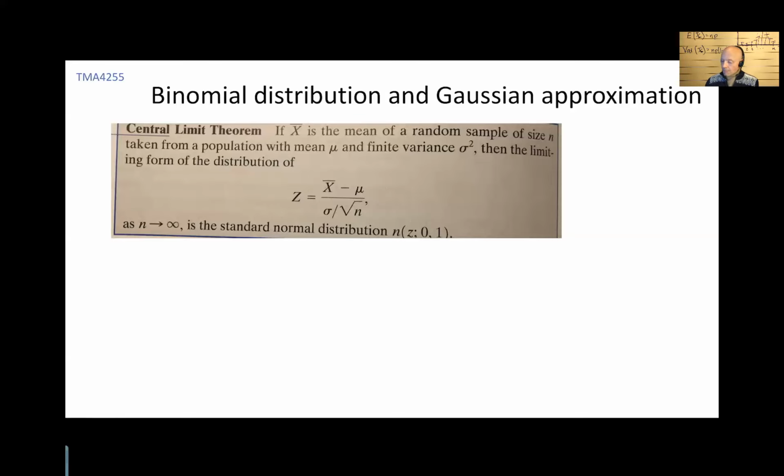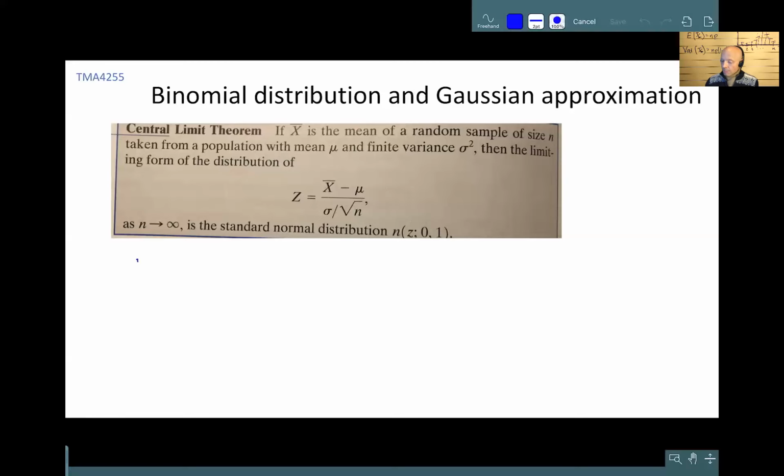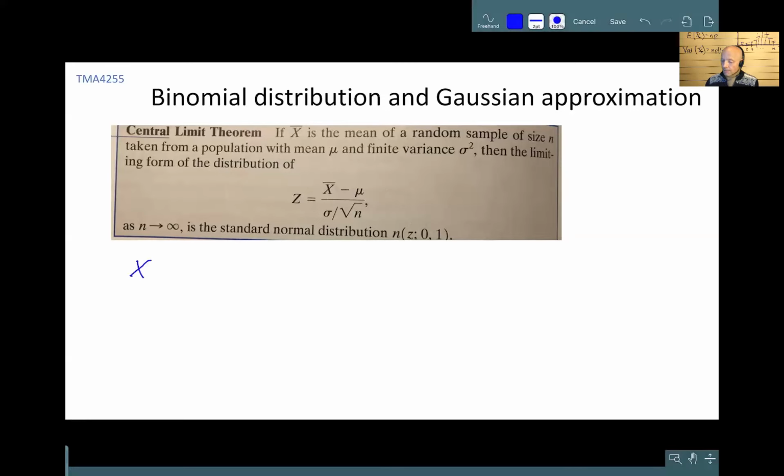So here we say, okay, what is our x bar? This is the sample mean still. X bar 1 is the same as we had before, the sample mean of these indicators. And since these were probabilities, it might be easier to say, okay, this is the fraction or proportion of successes.